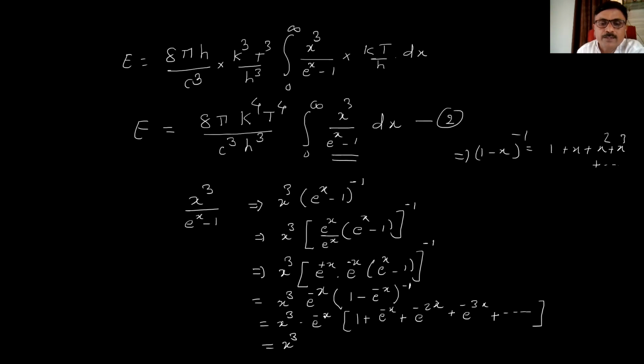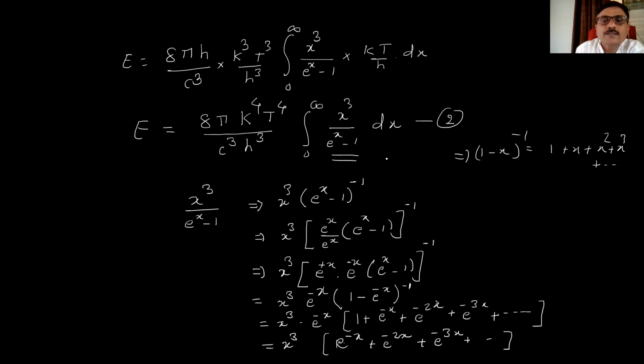If I multiply inside, I will get e raised to minus x plus e raised to minus 2x plus e raised to minus 3x and so on.